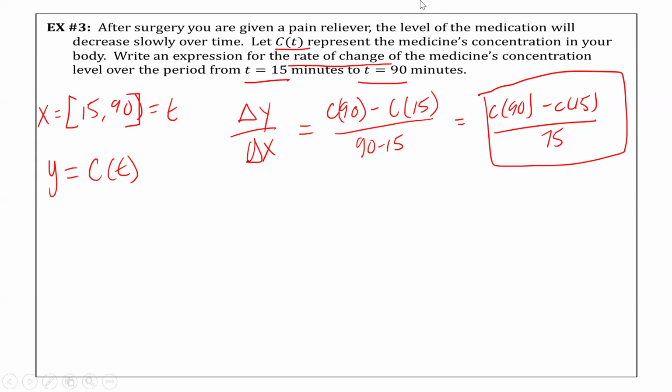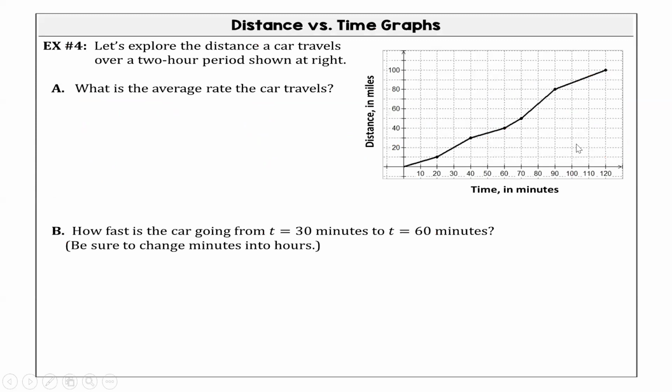All right. So this is useful leading into example 4. On example 4, you're going to prepare to solve. You're going to figure out what is my formula for finding rate of change in the situation. Okay. So a car travels over a 2-hour period shown at the right. Is that realistic? As you travel, your distance is going further, right? Time goes, distance goes. Okay.